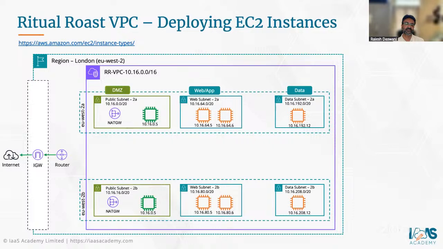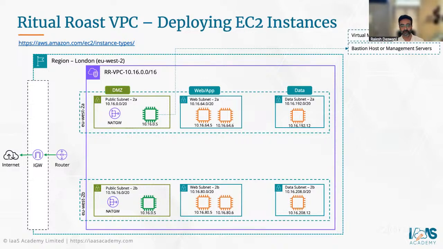With EC2 instances, what I want you to remember for the exam is that these are virtual machines in the cloud. They can run Linux or Windows operating systems, and you've also got the ability to run macOS as well. They can be deployed in public subnets and can act as bastion hosts or management servers.